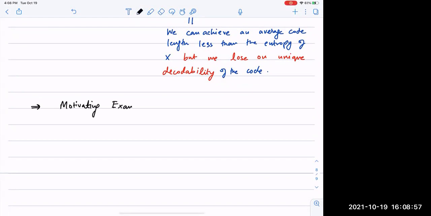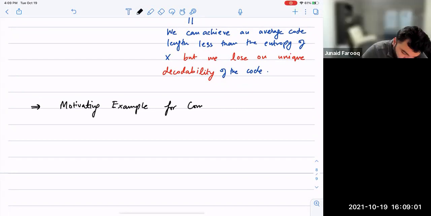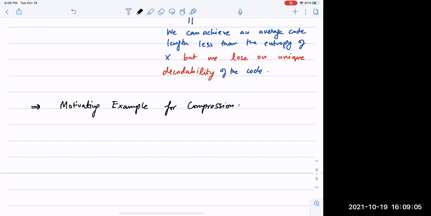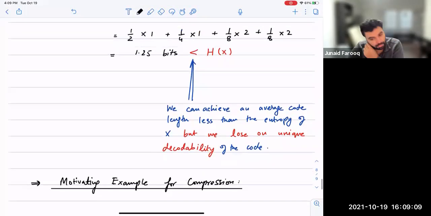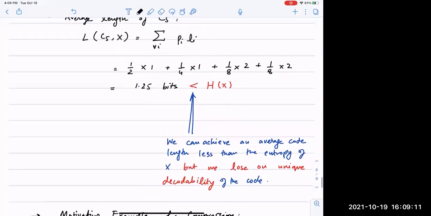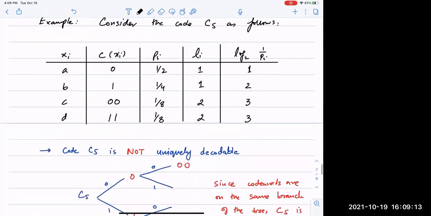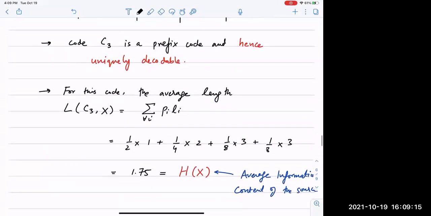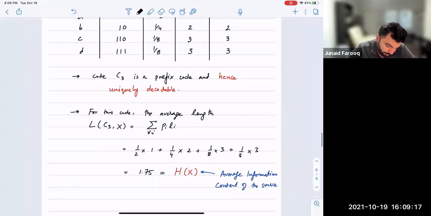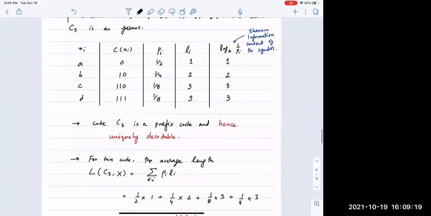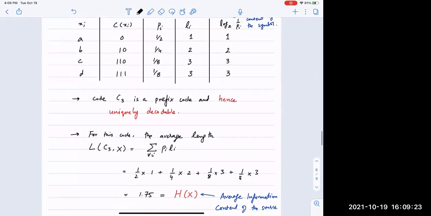Can you go back to the entropy, Professor? Okay, one second. Which part? Where you say 1.75 is equal to the entropy of X. I mean, we're using the same formula. Why is this the entropy and the others are not?